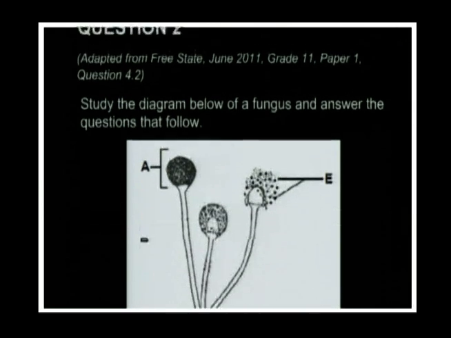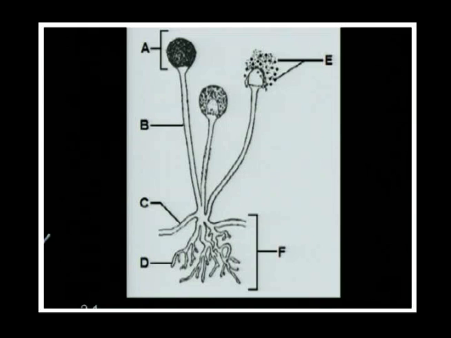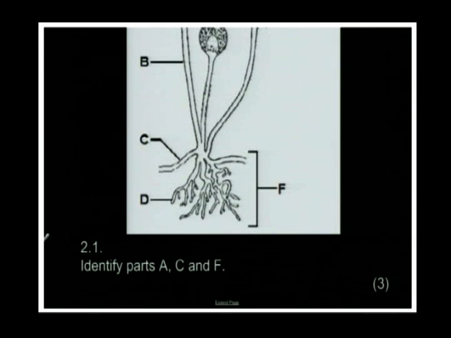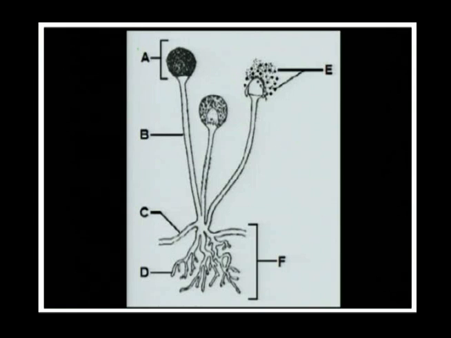Here's our next question, in which you can see a wonderful picture of our rhizopus or bread mold. First of all, identifying parts A, C, and F. There's part A, this round part at the top. What is it? It's the sporangium. Part C, how is it growing?